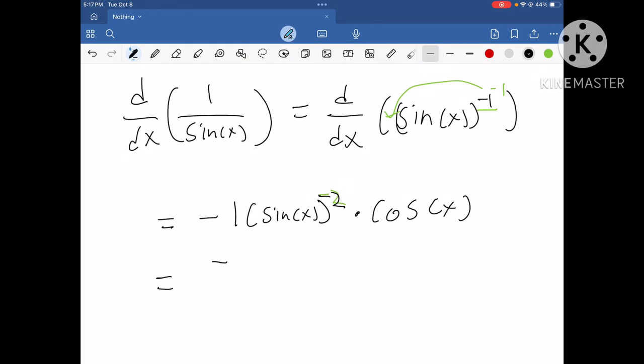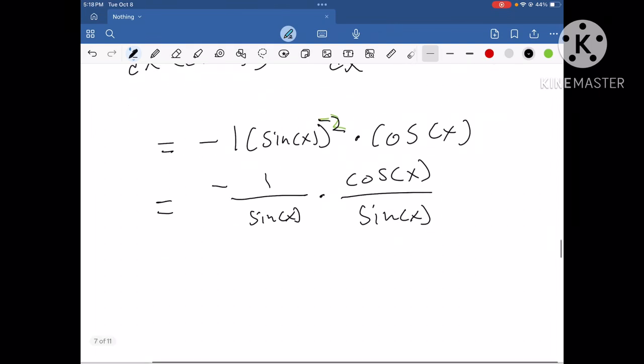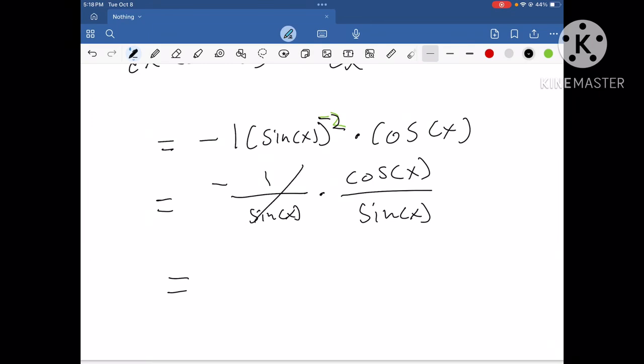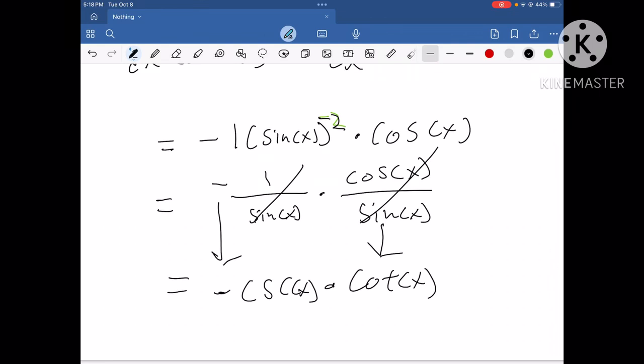Now that is negative 1 over sine x times cosine x over sine x, which cancels, and this turns into cotangent because tangent is sine over cosine, cotangent is cosine over sine. And this is cosecant x. And we bring down the negative.